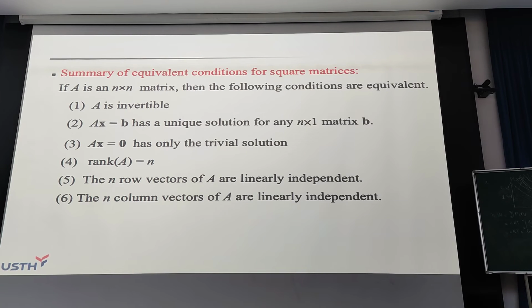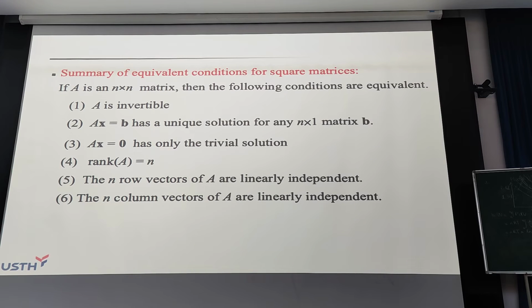So by that you see, if you are required to verify only one of them, you can try to show another. If you are required to show that A is invertible, you need to show only that the rank of A equals n, and then you can imply it.